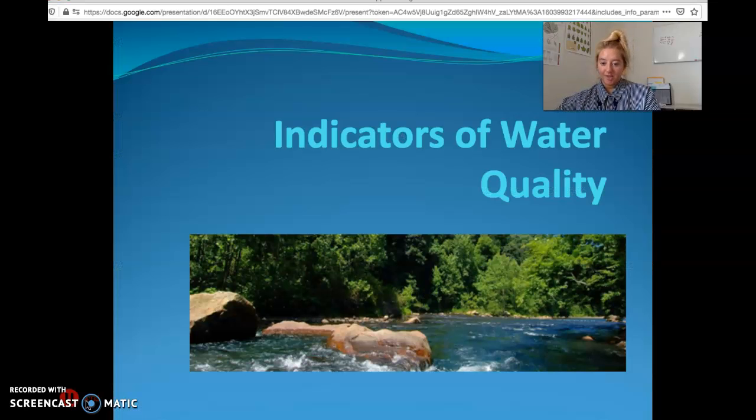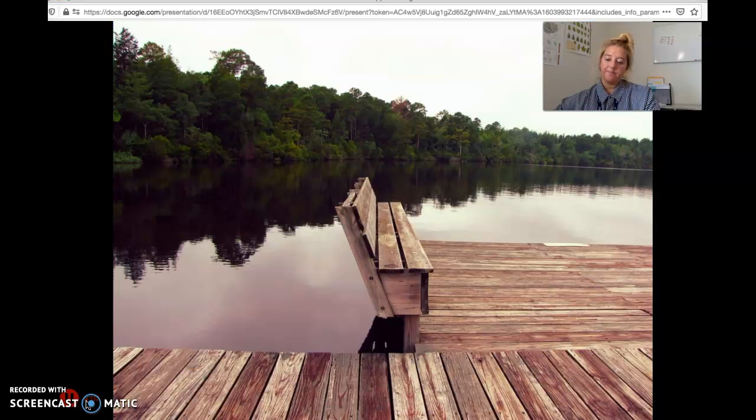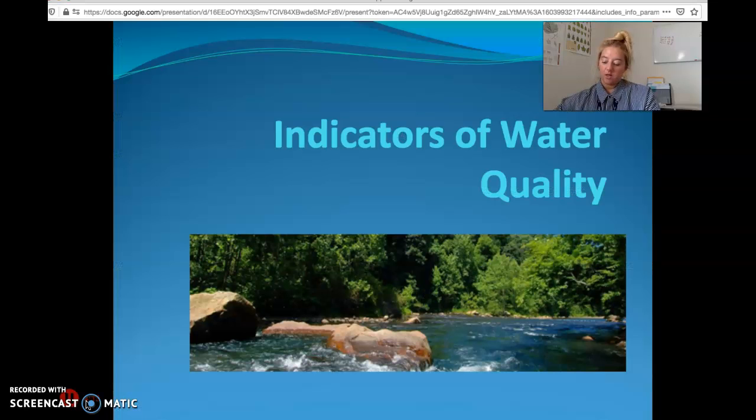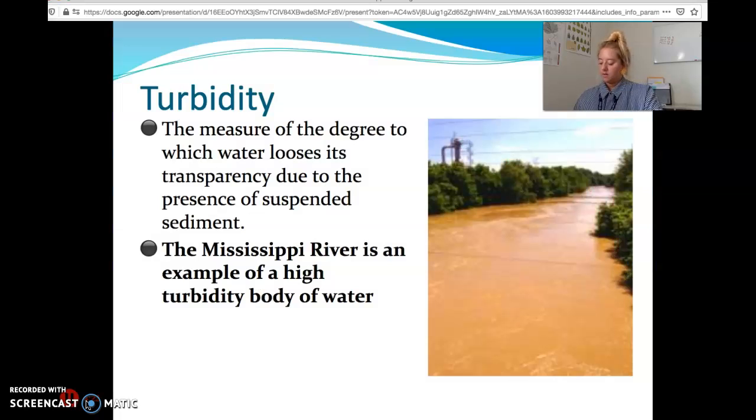So we are learning today about indicators of water quality. Now you could just look at the water and say, that doesn't look very good. And that's kind of what we did yesterday with our bell ringer. But we're actually going to learn some scientific tests that are common of lakes and rivers and freshwater systems to determine the health of those systems. So the very first one is called turbidity.